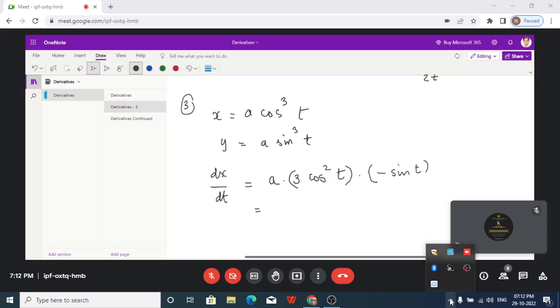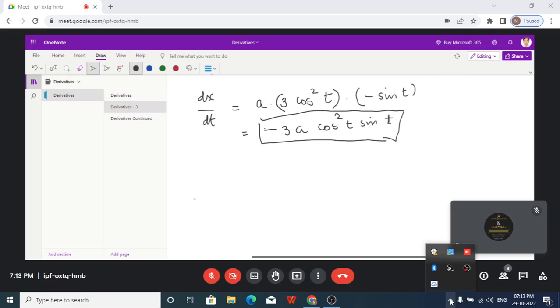Equal to minus 3a cos square t sin t. Okay. So this is your dx by dt. Similarly, do your dy by dt. Sir, yes, tell me.